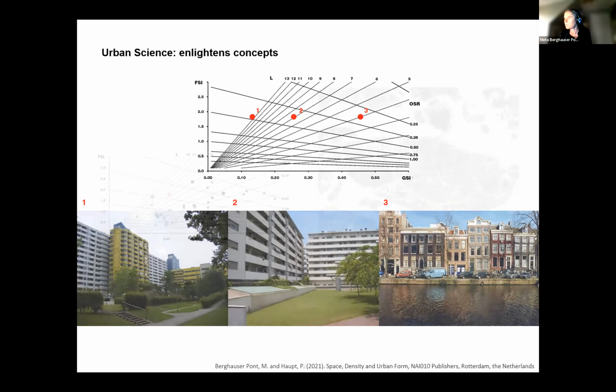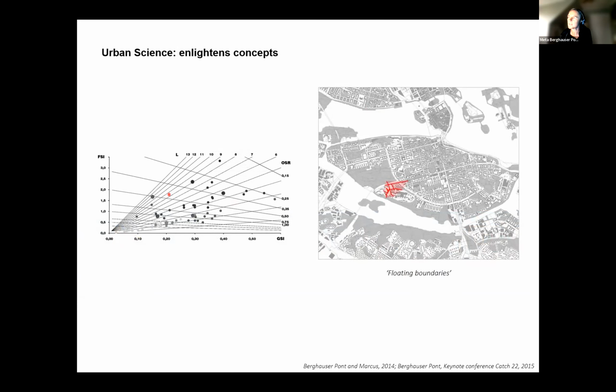Later, we continued with that by measuring density not only at the plot level or the neighborhood level, but by using floating boundaries. Meaning that you measure the density within a walking distance of, let's say, 5 or 10 minutes surrounding the building you live in.